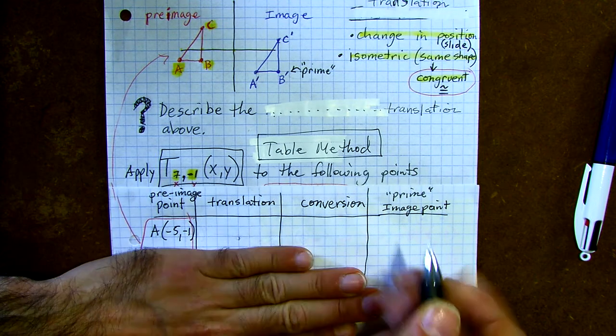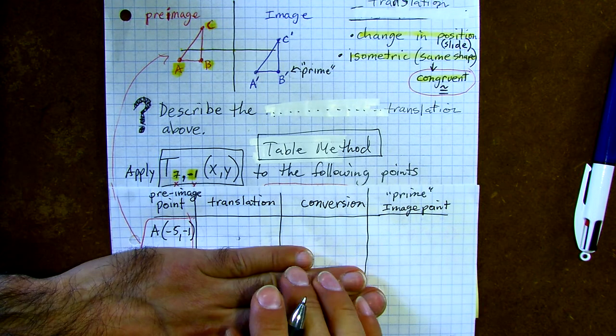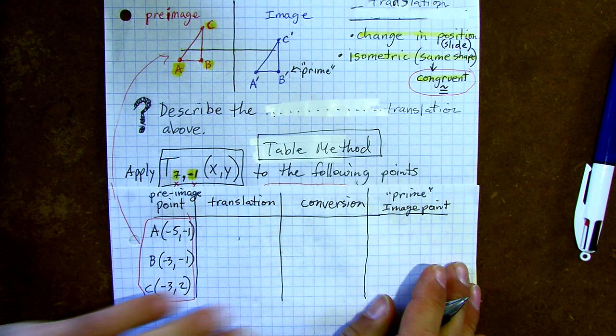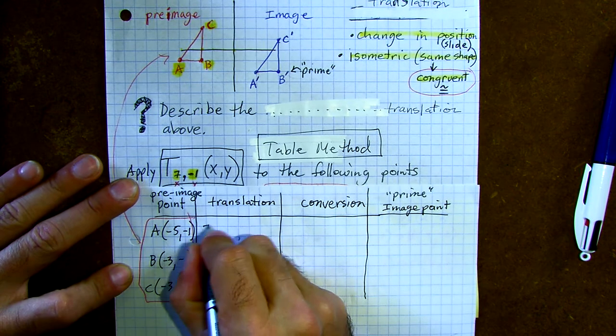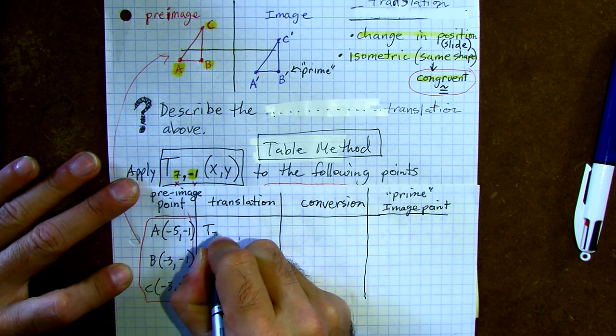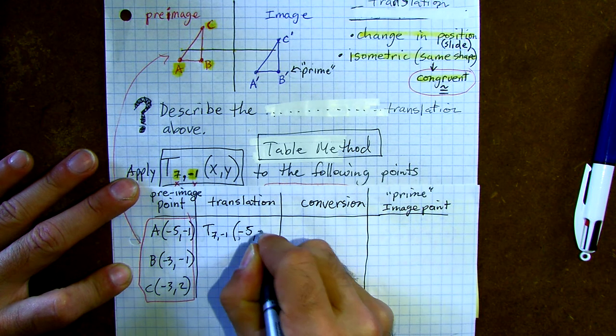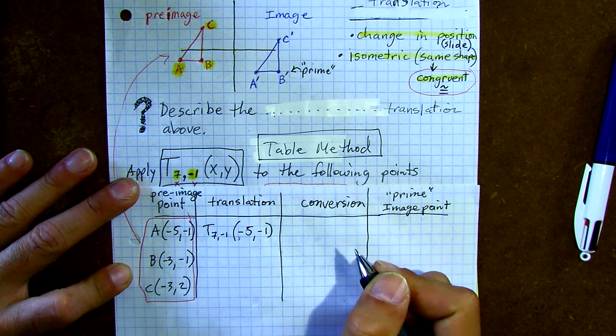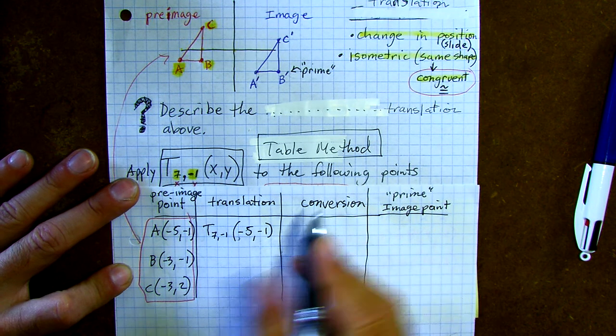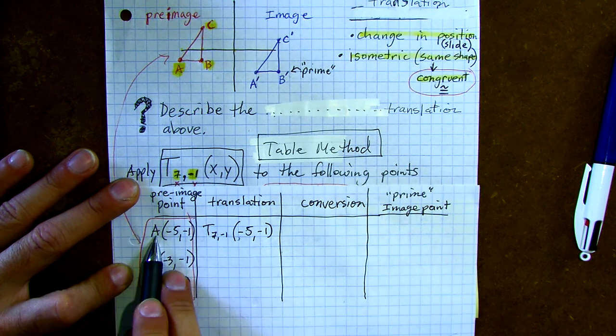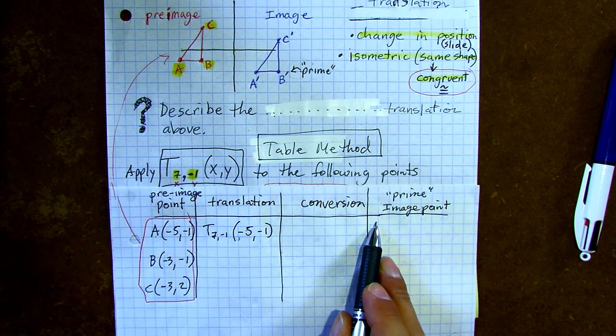You want to think of this as one thing at a time. Forget the other parts here. But add to your table right now, we're going to add translation, 7, negative 1 of our point. We're translating the point A in order to find what A prime is.